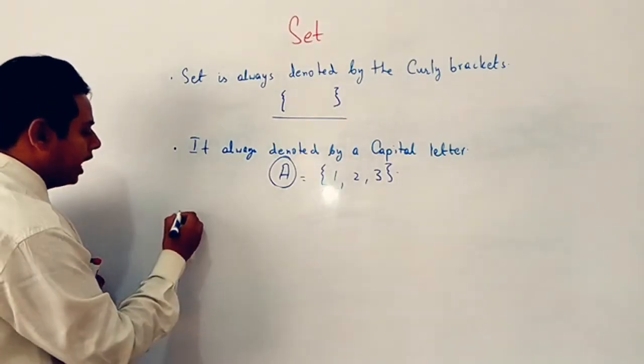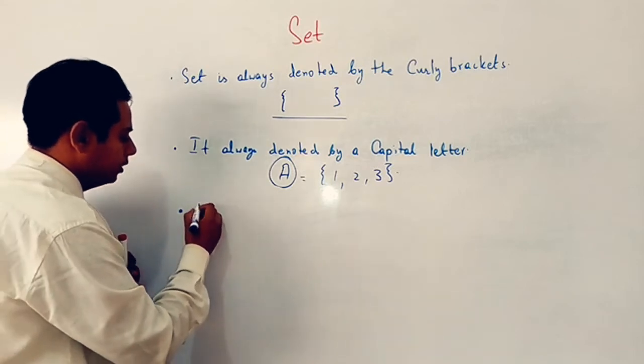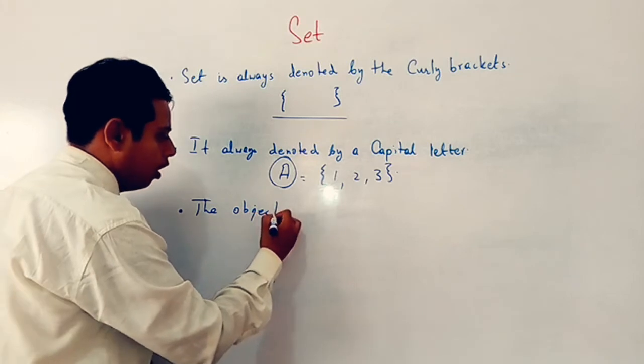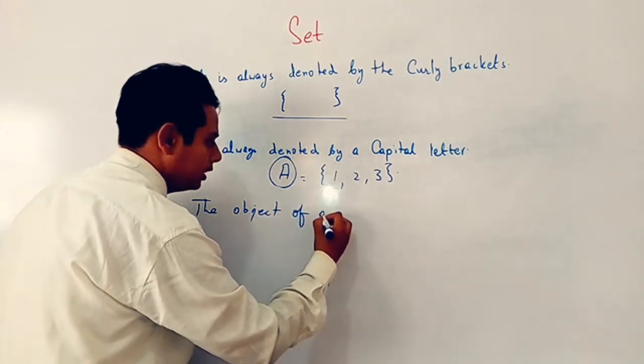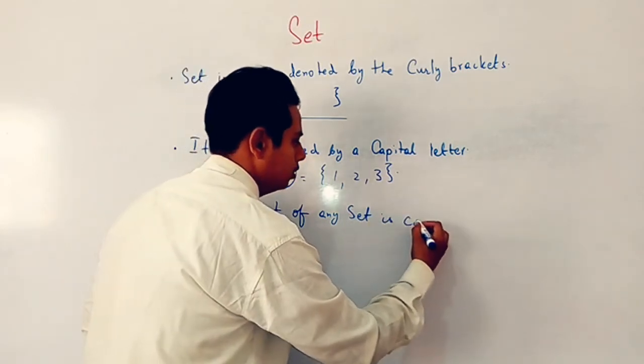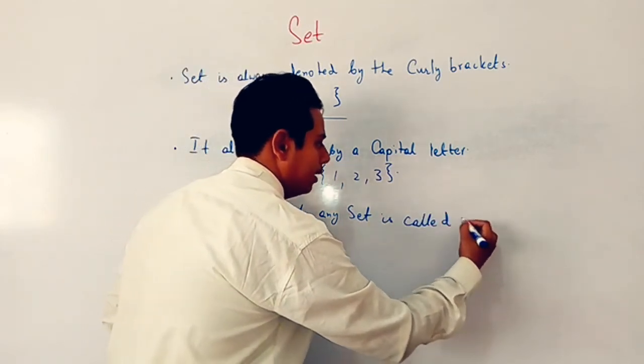The third point is that the object of any set is called its element.